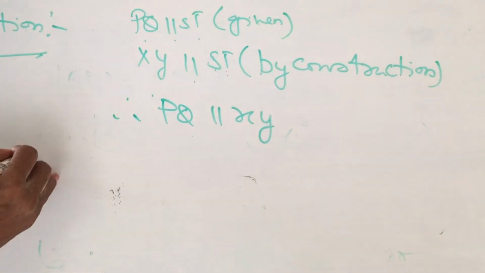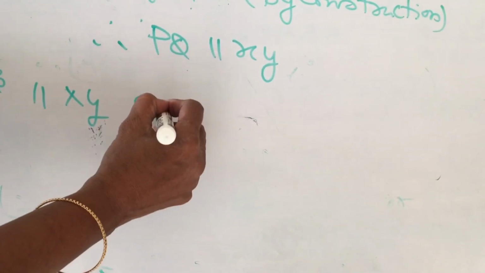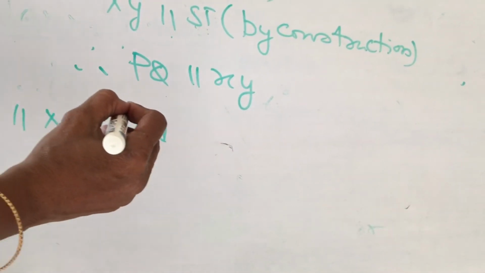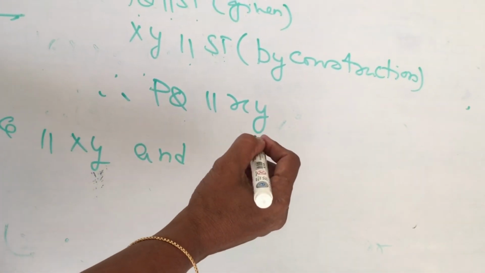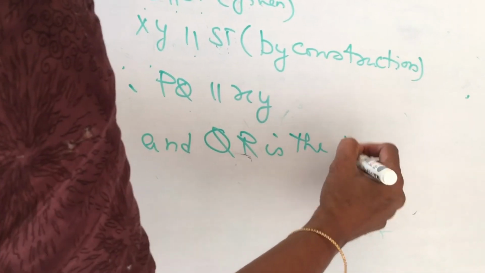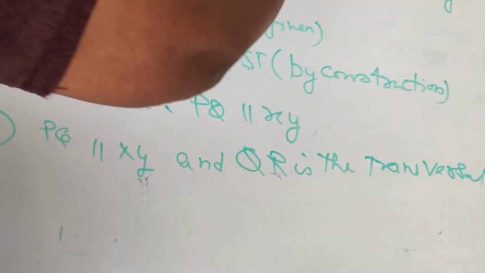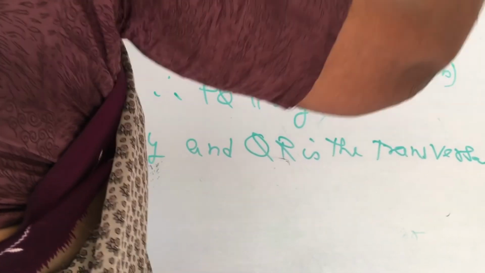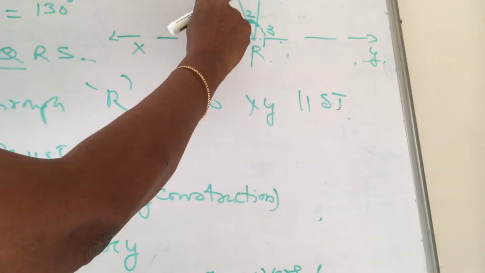Step 1. PQ parallel to XY and which is the transversal? QR is the transversal. PQ parallel to XY and QR is the transversal.